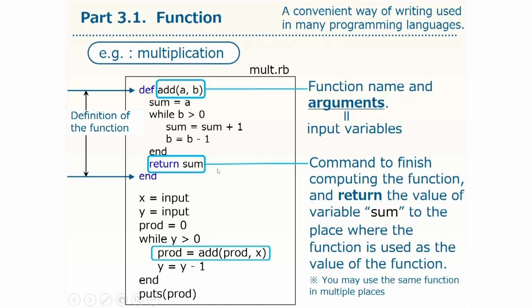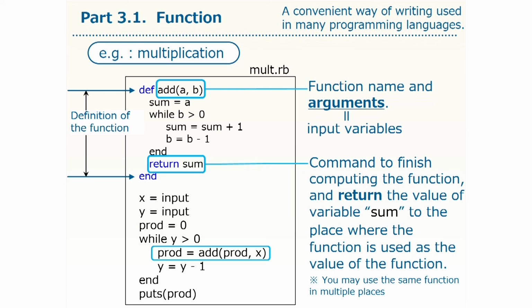This tells the computer to finish computing the function, and since we have sum in here, in this case, the value of variable sum is returned to the place where the function is called as the value of the function. By the way, this return command can be placed at various positions within the range of function definition. As soon as the execution reaches this command, the computation of the function is terminated.